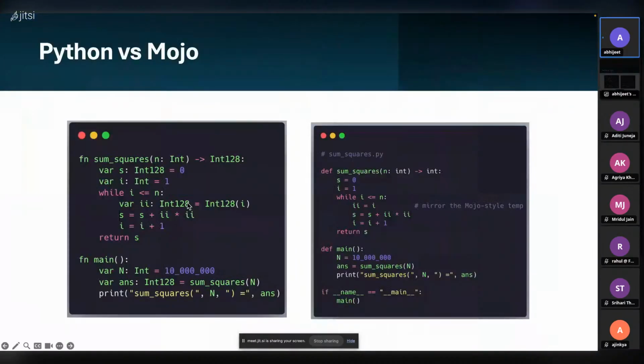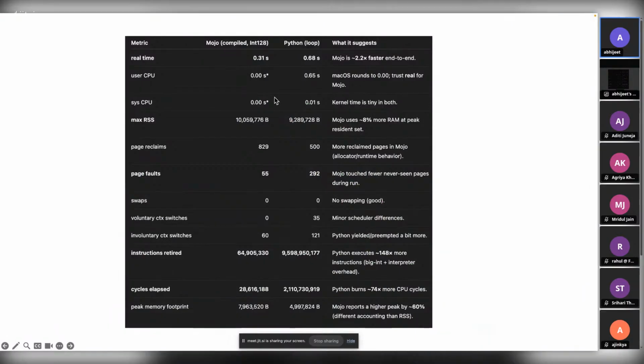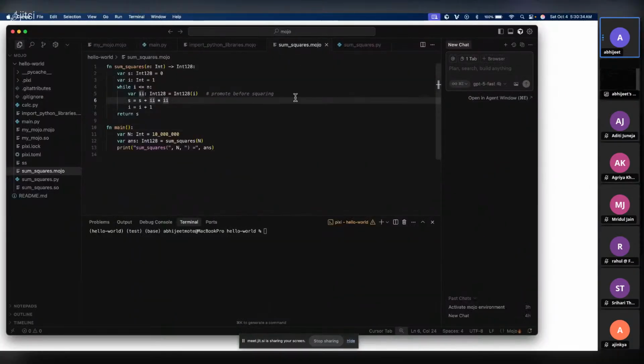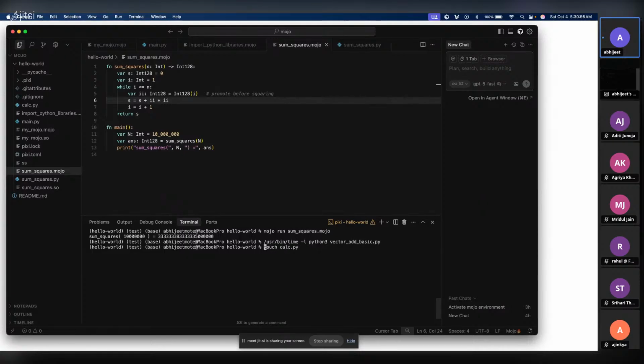Before the next slide, I'll show you how to run this one. So this was one of the examples. And there is more, we can have the compiled version also.